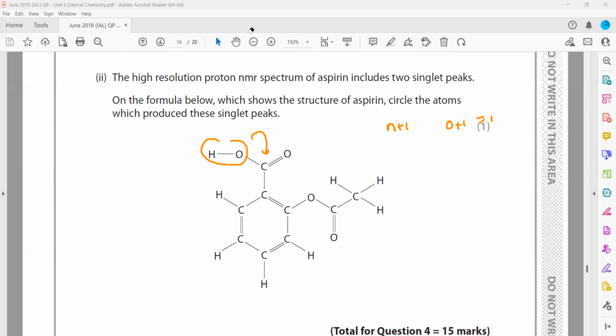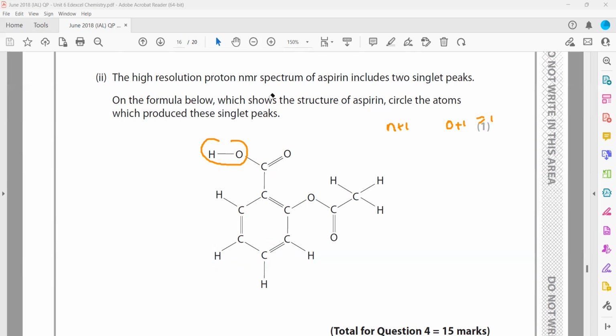In the same way, if we check this one, this won't be a singlet, because for a singlet the neighbor should not have any hydrogen. An environment in which the neighbor carbon does not have any hydrogen will result in a singlet. If you check this one, the neighbor has hydrogen. You have to check both sides.